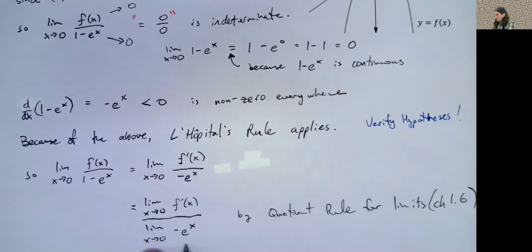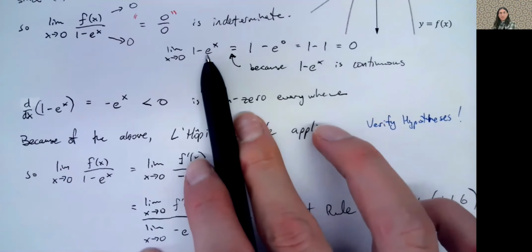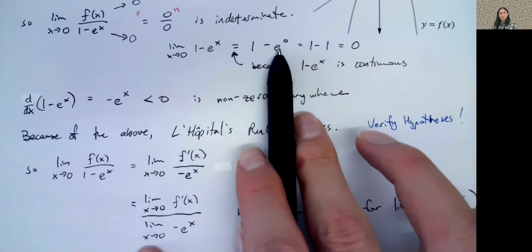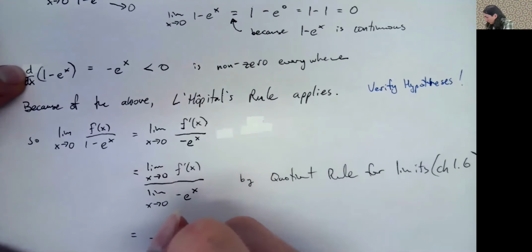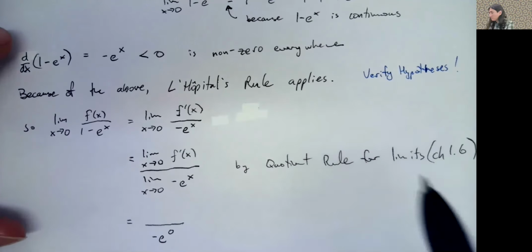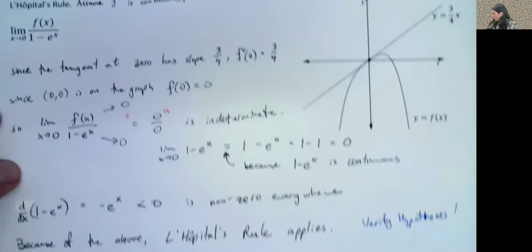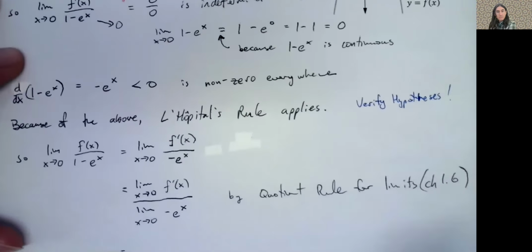Okay. So what's the evaluation of the denominator? Well, that's actually one that we did before. It's continuous. So the denominator, we get minus e to the 0 because it's continuous. What do we get in the numerator? Well, actually, that's continuous too. Okay?